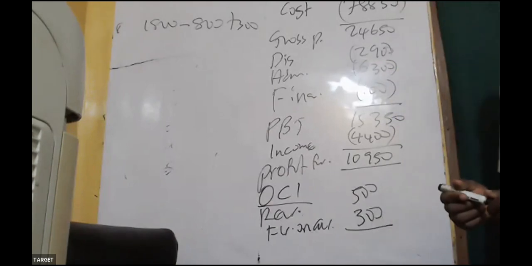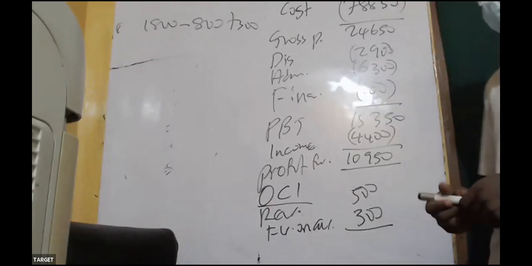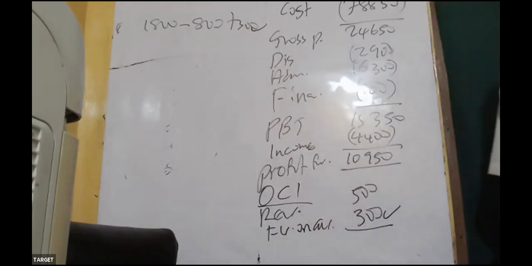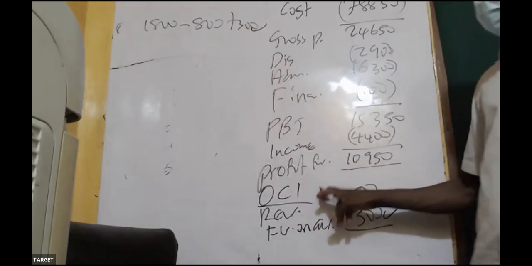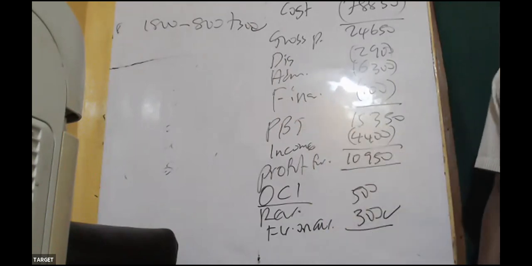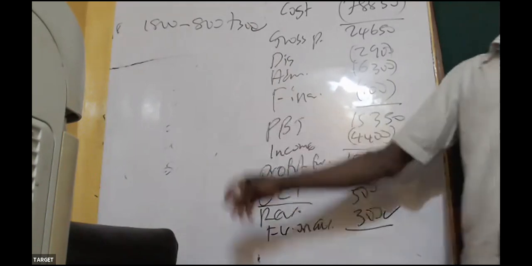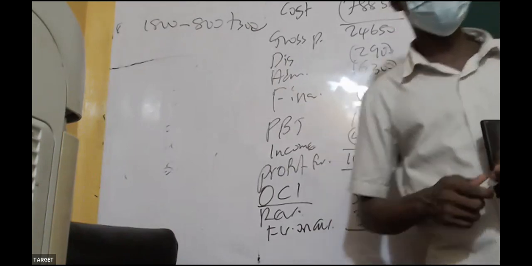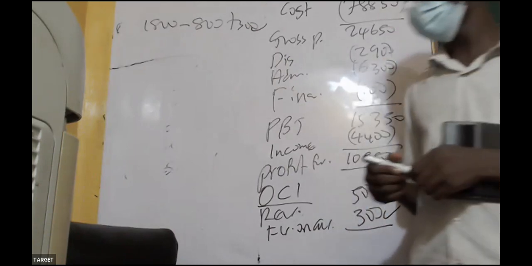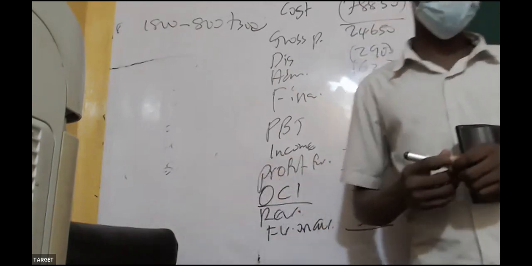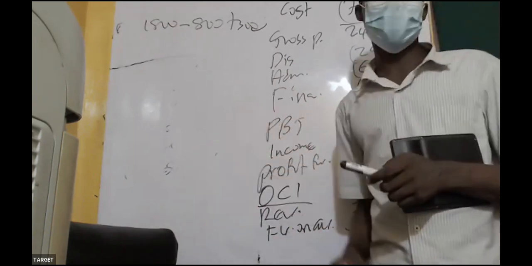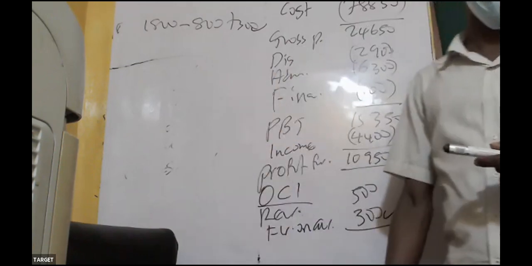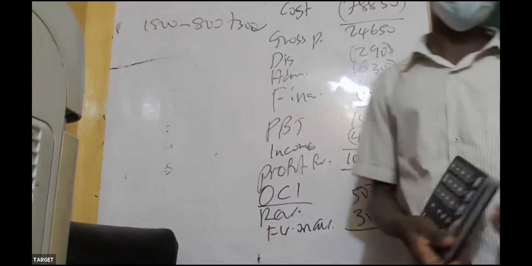Have you seen something here? We've added this 300 to this, right? Powerful. Now, any item that goes to OCI must also go to equity. So go to the equity, other components of equity. What value do you have there? 500, right? Let's all of us turn to other components of equity. We had 500 there. So can we add this 300 to it? Making it 800. Other components of equity.